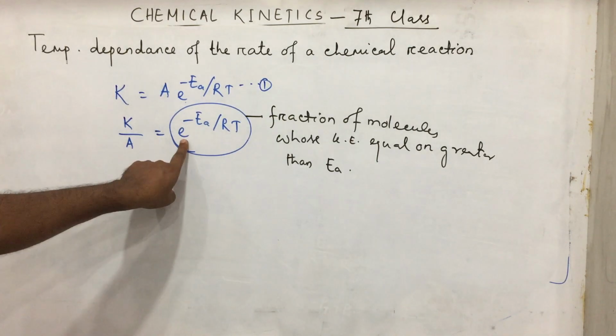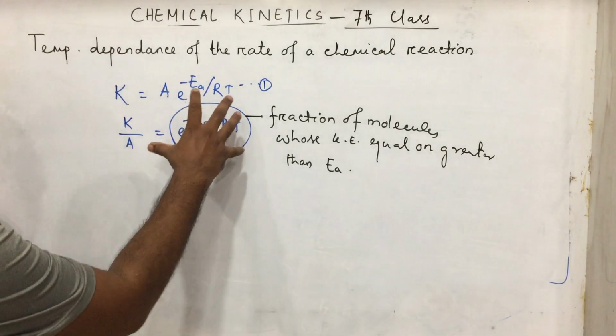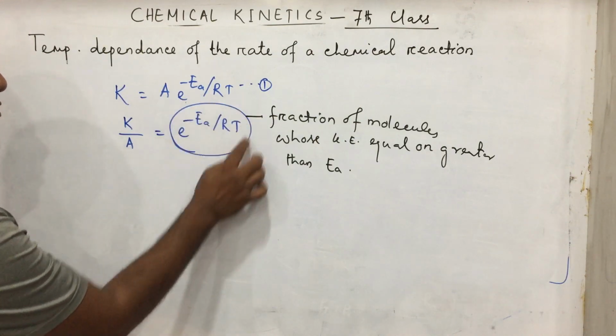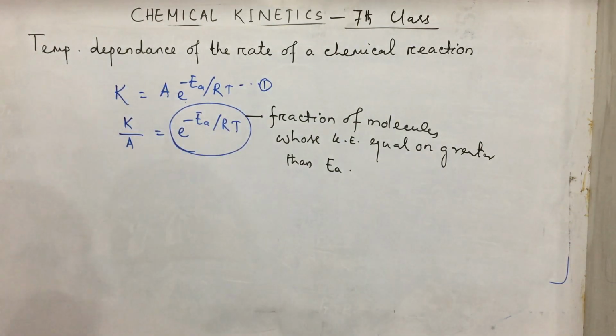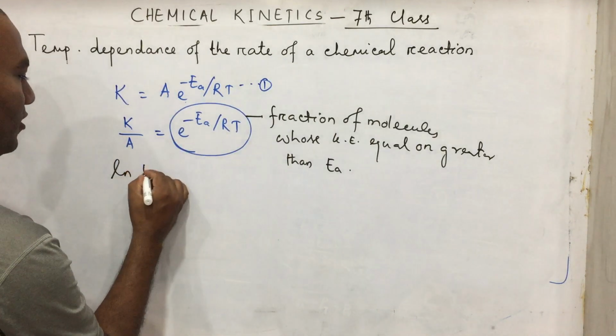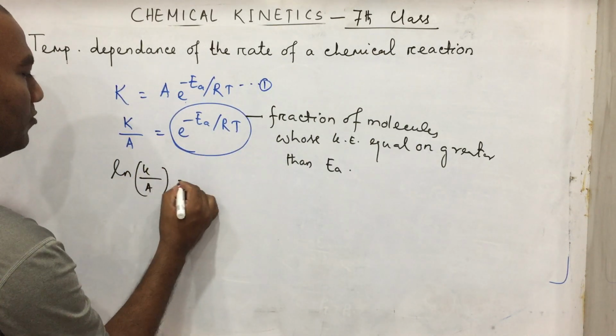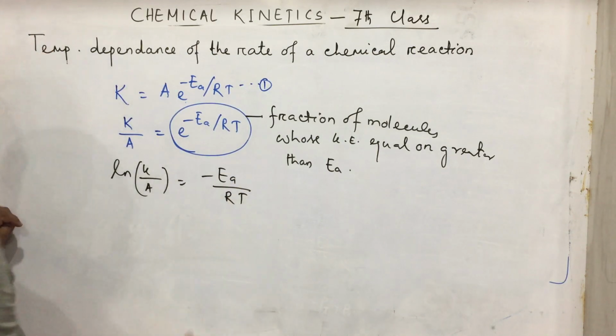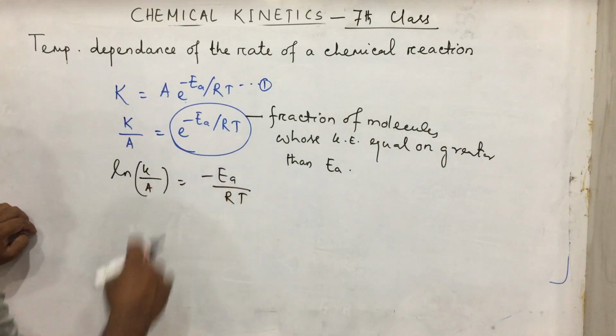So you see here the exponential is given. So its mathematical value equals k by A. Clear? But how can you calculate this? It is an exponential, so convert it into ln form, then log form. So multiply by ln.